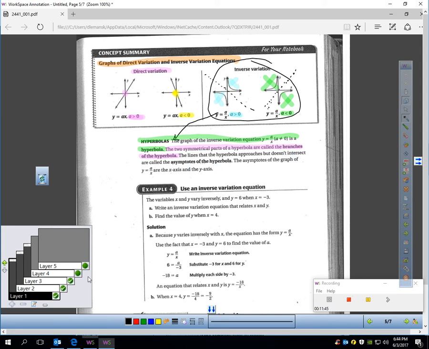Now, the lines the hyperbola approaches but doesn't intersect are called asymptotes. Again, this is another vocabulary word, asymptotes. Let me take a red pen so you can see them. We have a vertical asymptote here. The hyperbola will come close to that but never touch it, and we have a horizontal asymptote.